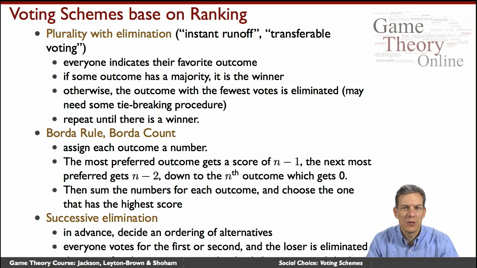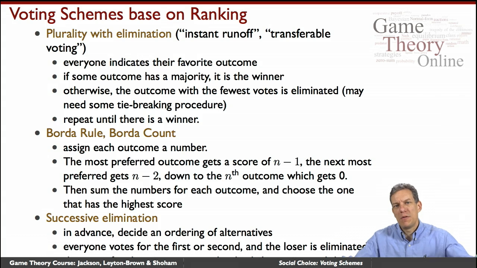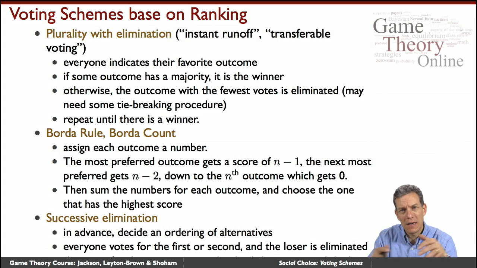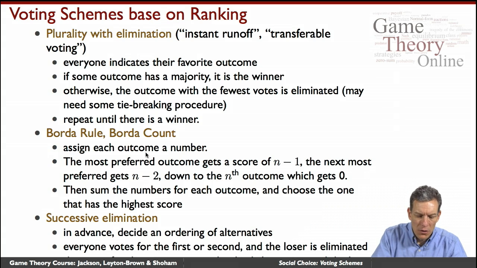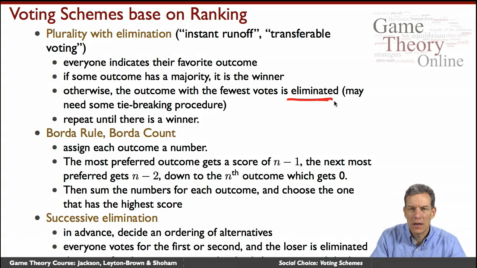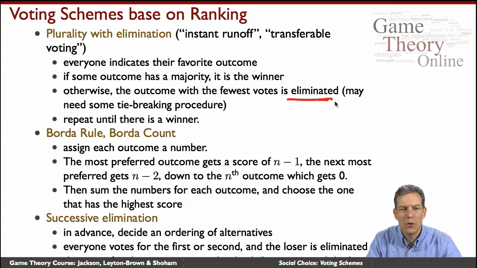But if nobody has a majority, so if we have, say, 3 or 4 outcomes, it could be that we have some candidates that are tied, or no candidate got a majority. And so what we do then is look at the outcome with the fewest votes and eliminate it. Okay, so knock out the one that has the fewest votes.